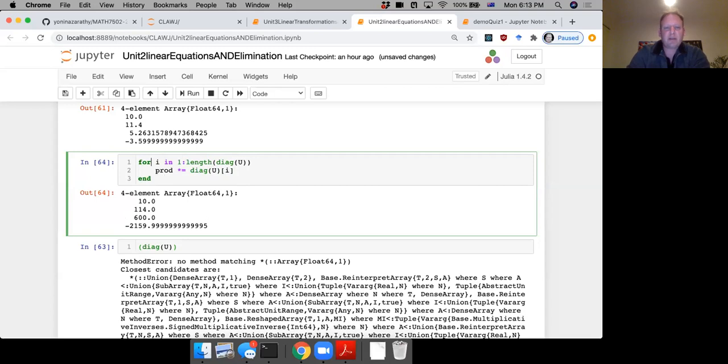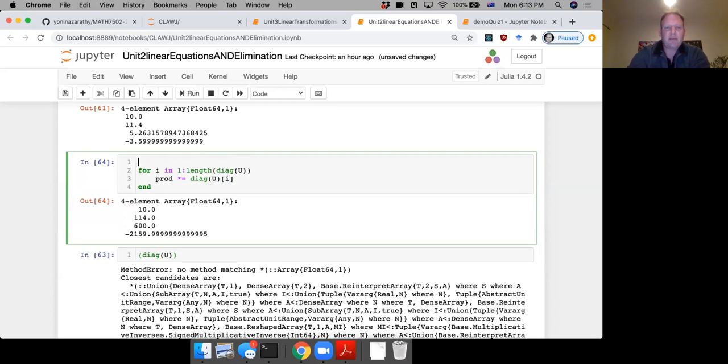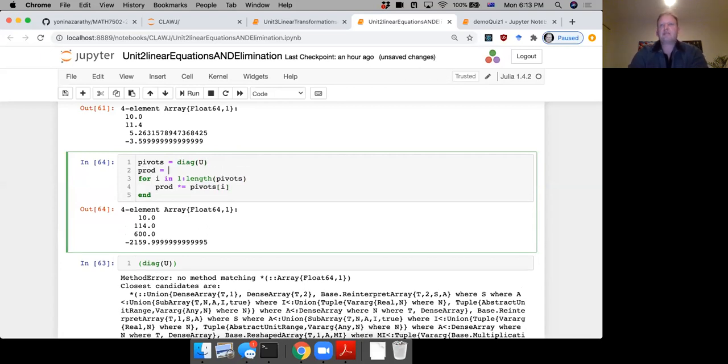It would have been better to set pivots equals diag of U. This is the length of the pivots. We obviously had 4 pivots. And what should I initialize prod with? 1.